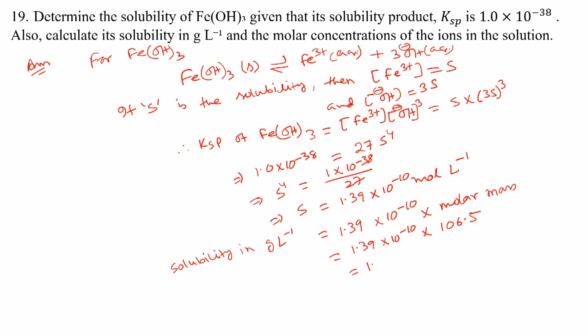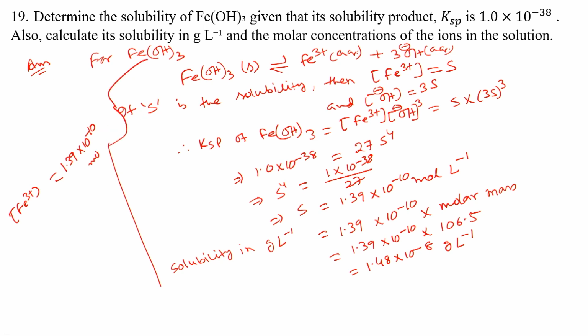If we calculate this, we get 1.48 times 10 to the minus 8 grams per liter. Now the concentration of Fe3 plus is S, so 1.39 times 10 to the minus 10 moles per liter, and the concentration of OH minus is 3 times S. So we get 4.17 times 10 to the minus 10 moles per liter.